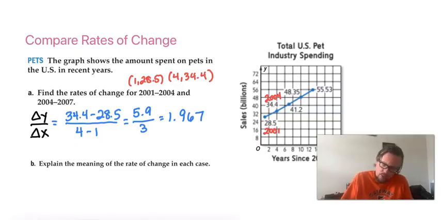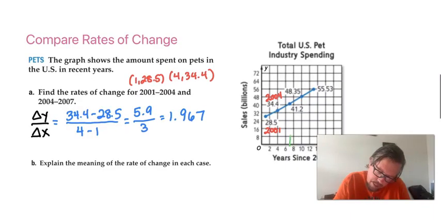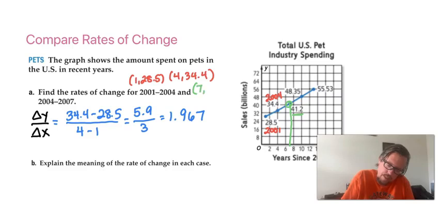Let's do the same thing now with our second set of years, and that is from 2004 to 2007. So 2004, as we know, is 4, 34.4. Let's find 2007. That's going to be in between the 6 and the 8. So this point right here is 41.2. So that point's going to be 7, 41.2.